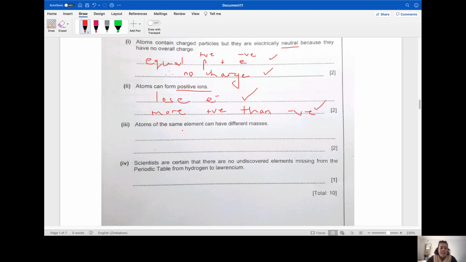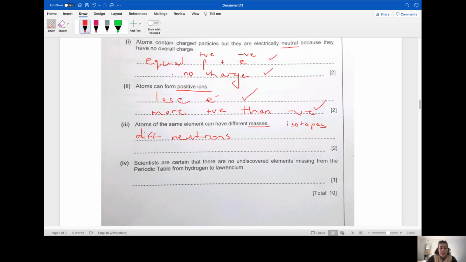Okay, how come atoms of the same element can have different masses? Okay, they are basically asking you about isotopes. So they can have different neutrons. Okay, that was your first mark.